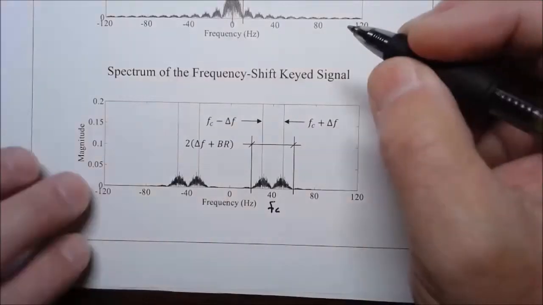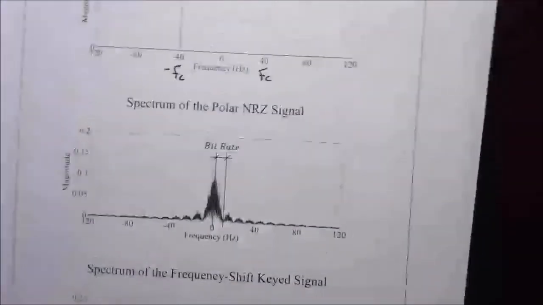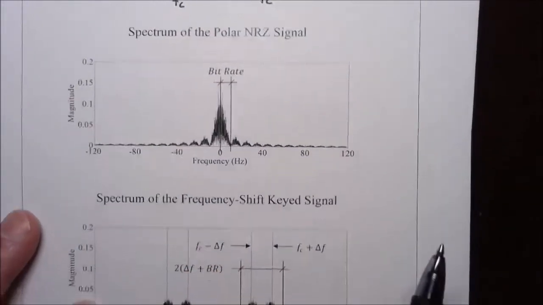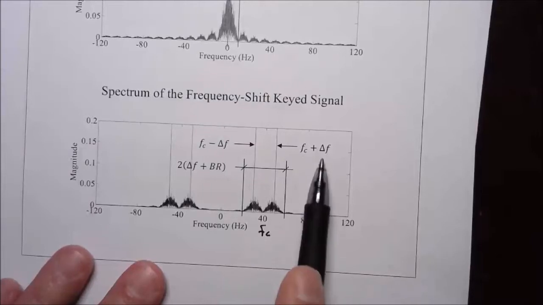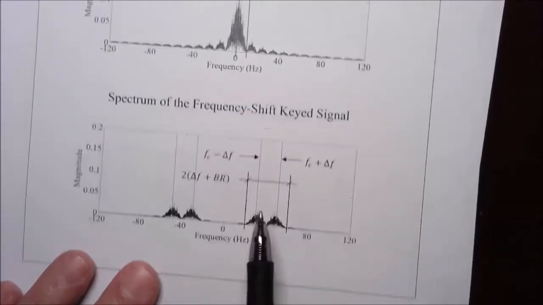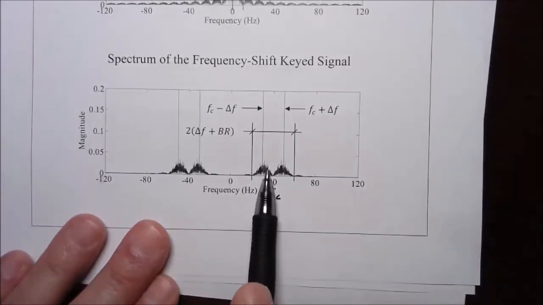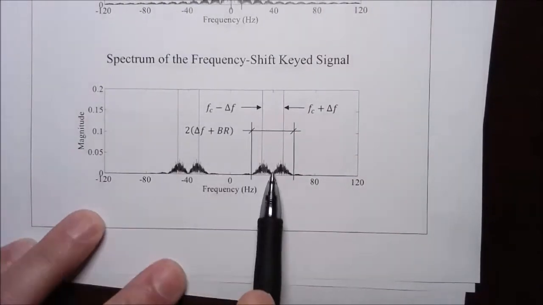And you'll notice it's as if we took this sinc squared shape and replicated it at FC plus delta F, and you take the same sinc squared shape and you replicate it at FC minus delta F.